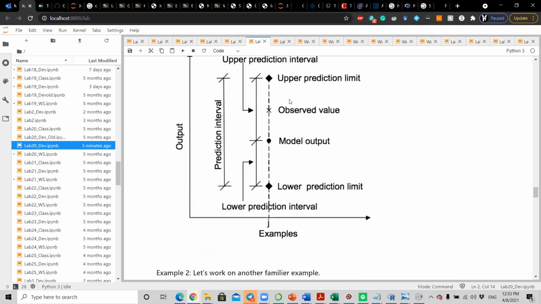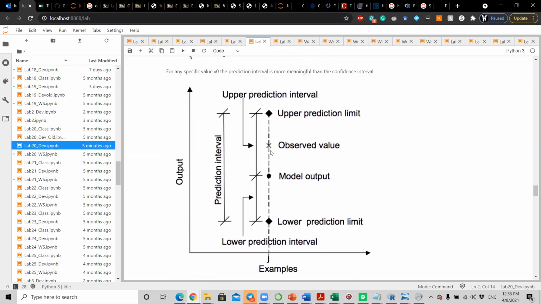Let's have a look at this. Let's say this was my observed value. And this was the estimation that I got from my model. So model output, observed value. I can calculate this band, get the upper prediction limit and lower prediction limit, and say that for this specific point, I'm 95% confident that the true value of this point will be somewhere in this band.